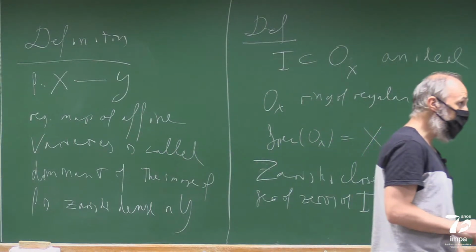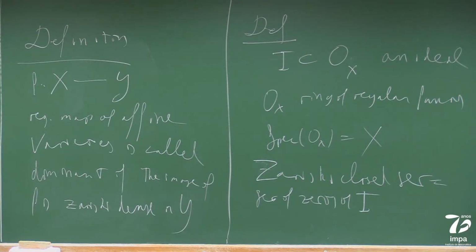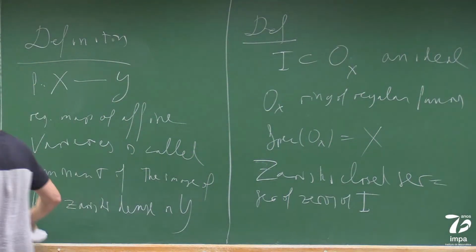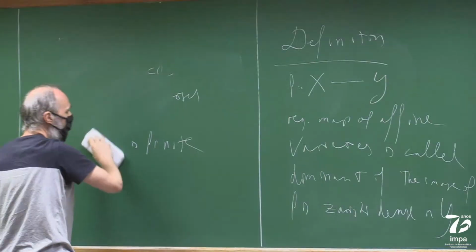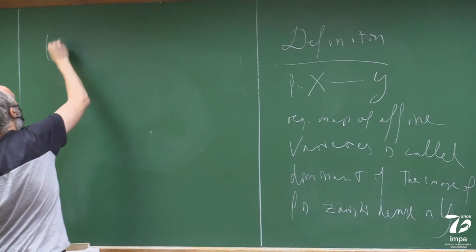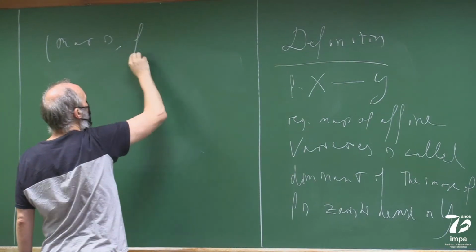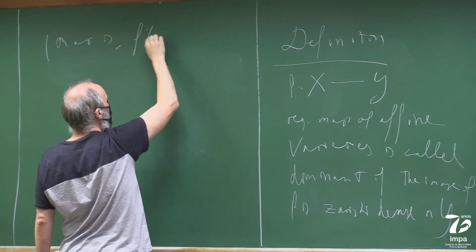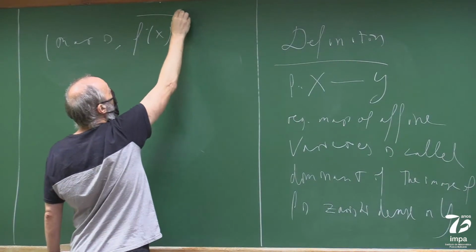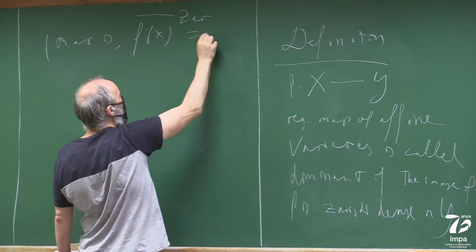In other words, that is, the Zariski closure of f of X is Y.